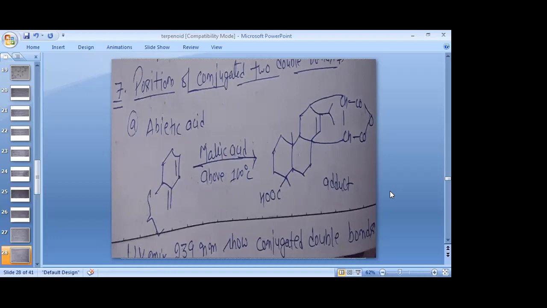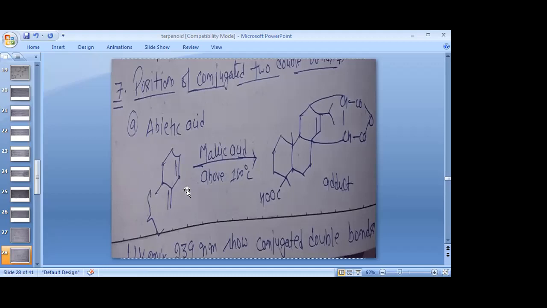Now the point is, are your 2 double bonds in a conjugated position or not, right? And what about their position? It is clear from this reaction.